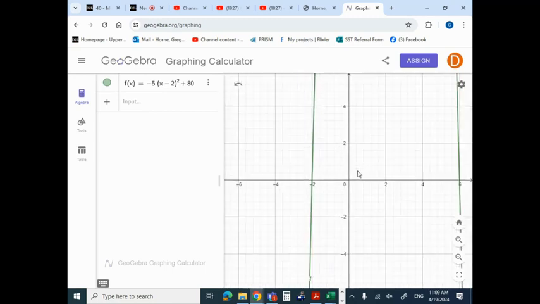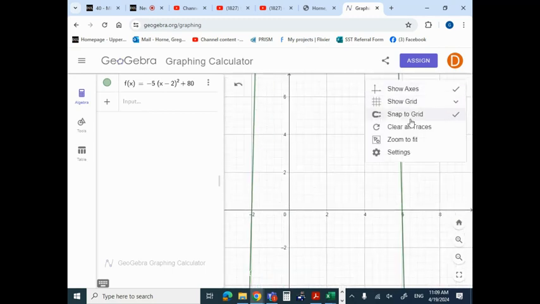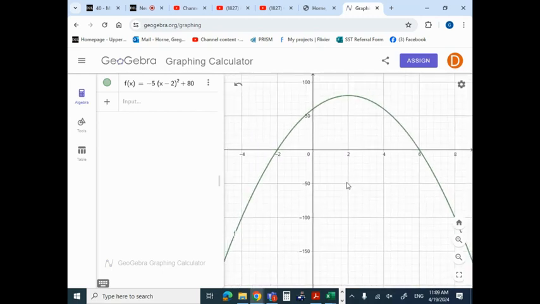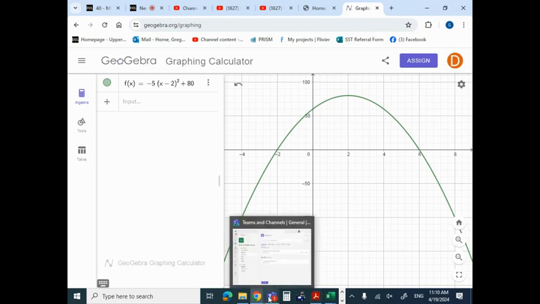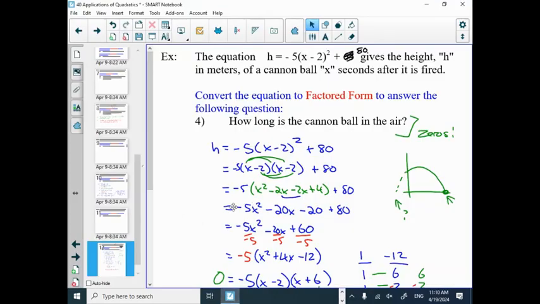So this one here, if I go say zoom to fit, snaps it so we can see it. And so we get answers of 0, 6. I must have made an error with my signs on it as well. Not my day today. But so it did change. It's a slightly different question, but I just wanted to show the idea of how you get the zeros in the end.